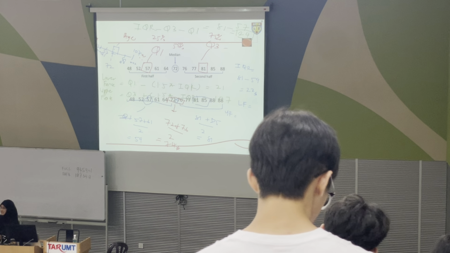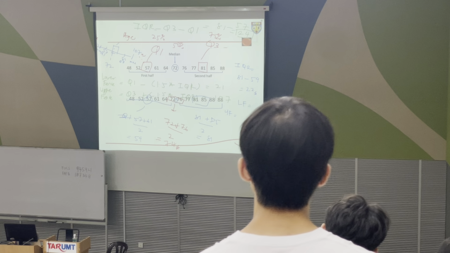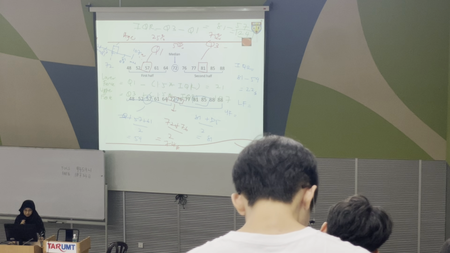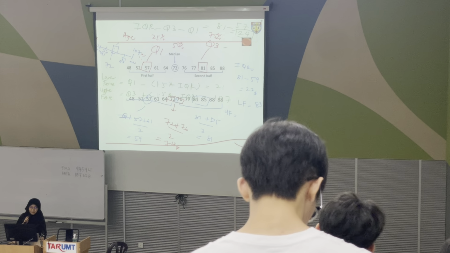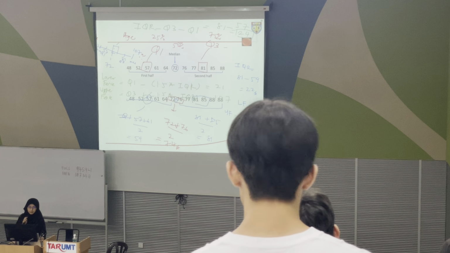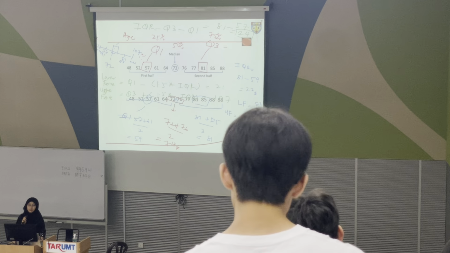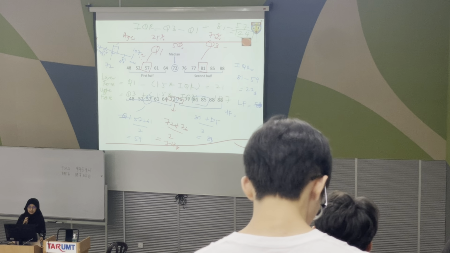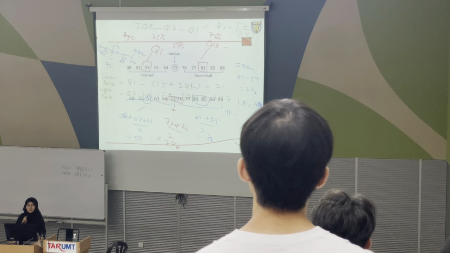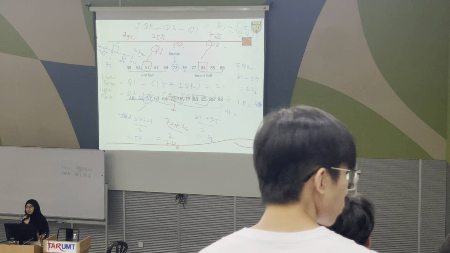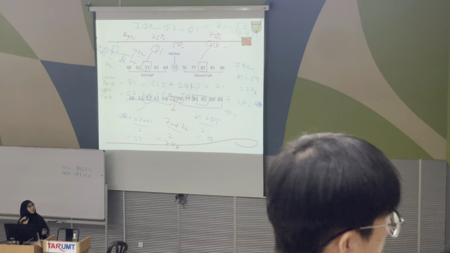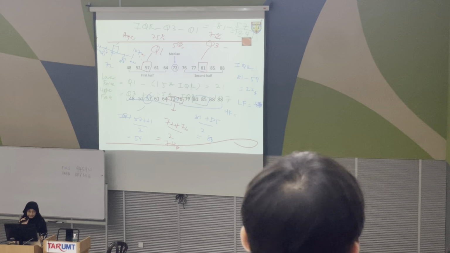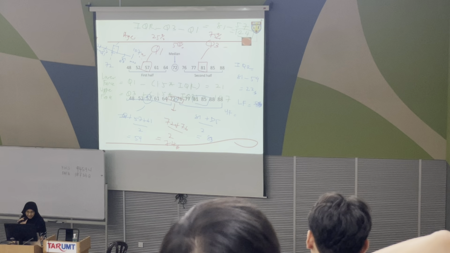What is the value for the lower fence? Q3 is 83. And then lower fence? 26. Okay, 26.